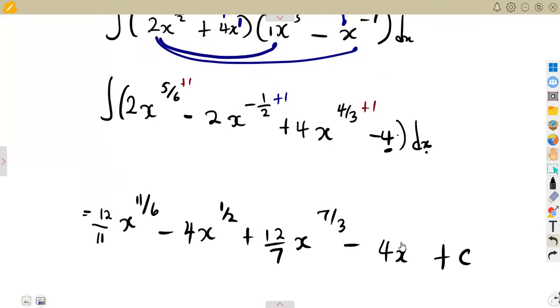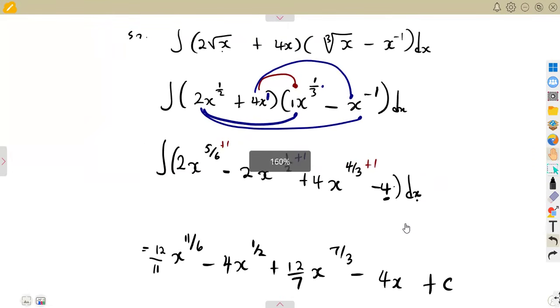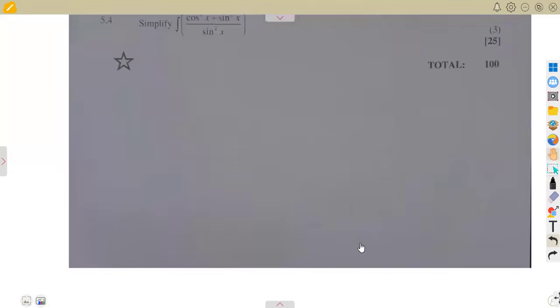As you can see, it was a question where you need to work each part. Understanding the question is very, very important, how the questions are given, expansion of brackets, this and that, and then you can integrate after that.